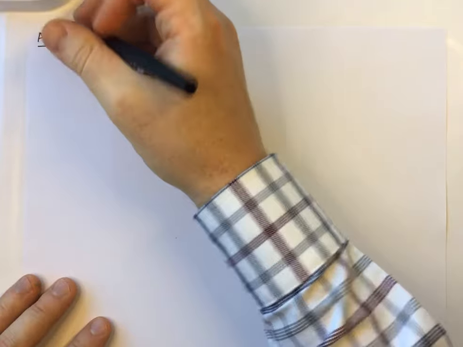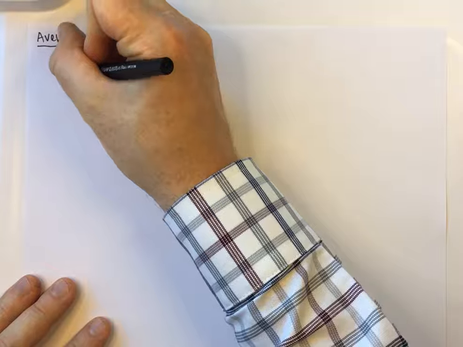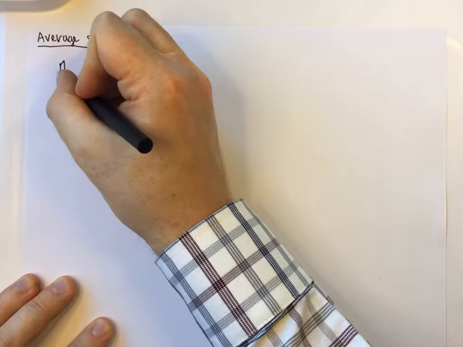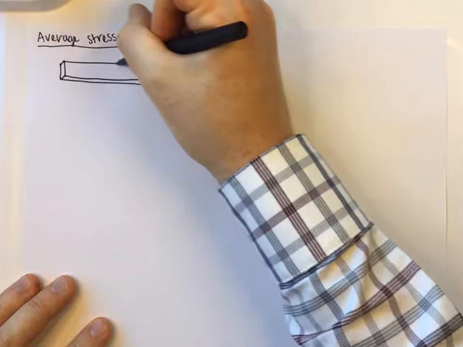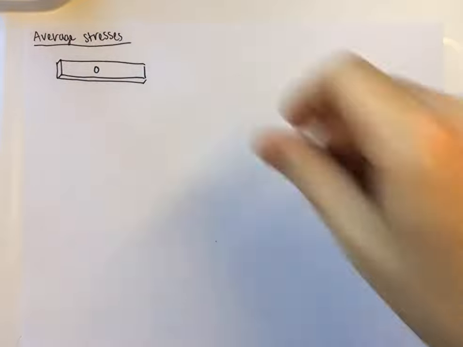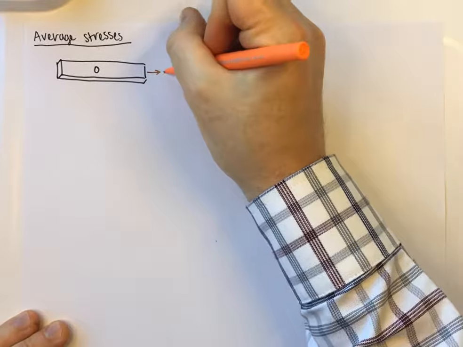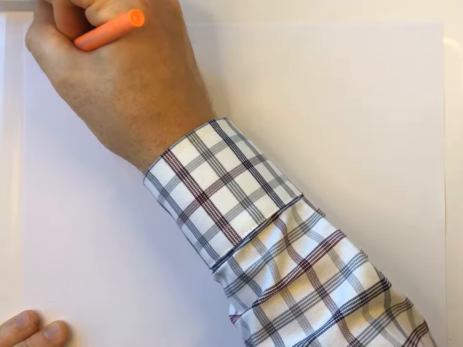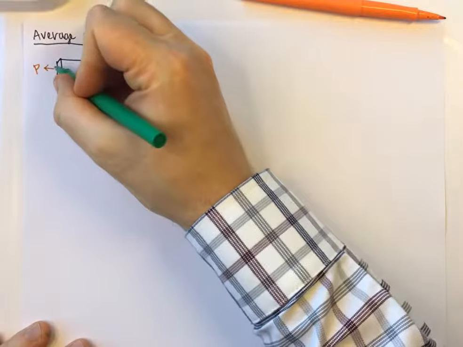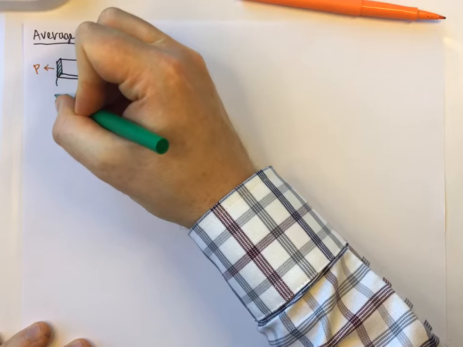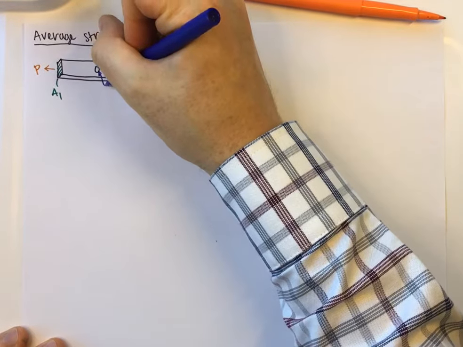Okay, so what we've been doing so far is if we had some kind of bar, in this case it's going to be rectangular, and it has a force on it, some force P, and it has some area. I'm going to call that A1, and I have some hole in it here.